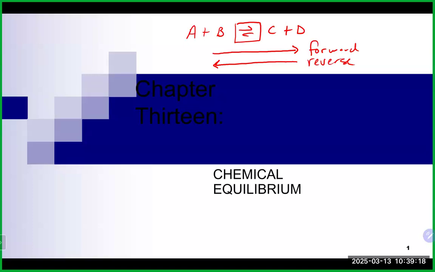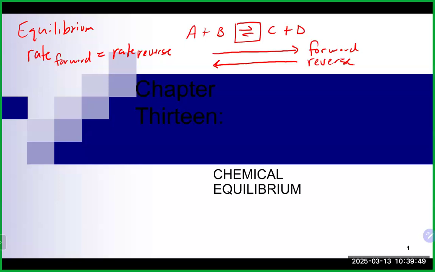So when something reaches equilibrium, it really means, as we'll see a number of times here, the rate of that forward direction will equal the rate of the reverse direction. So what does that mean? It does not necessarily mean that you end up with the exact same numbers on both sides. It means that when it reaches equilibrium, it will lock into place the concentration of everybody at that point.